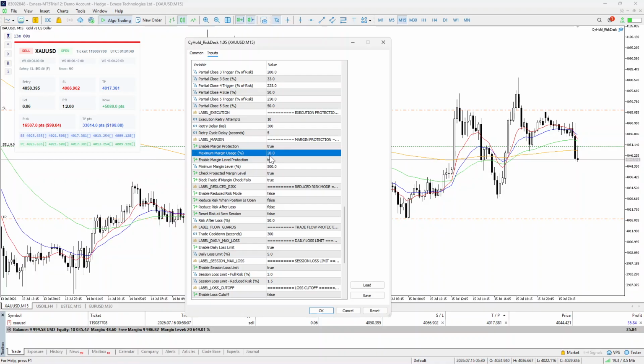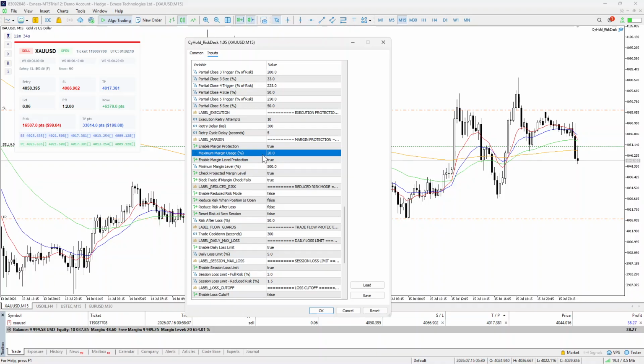Actually, it will not allow the 40%. It would decrease the lot until the trade opened uses not more than 20%. So if it was like 10 lots, it would use 40%, it would decrease the lot to fit here. So it would open 5 lots and use a maximum of 20% margin.